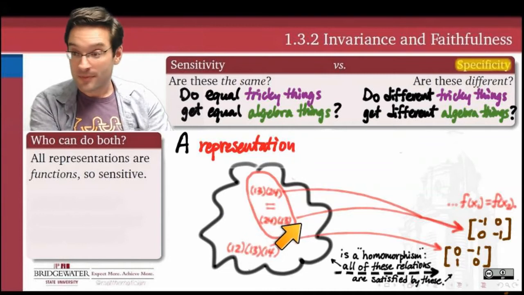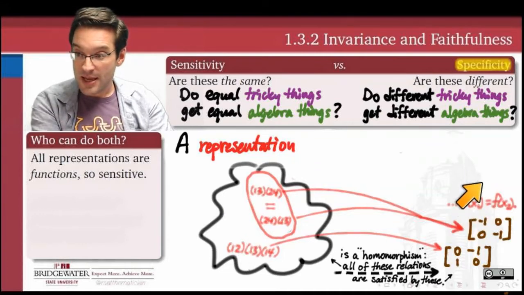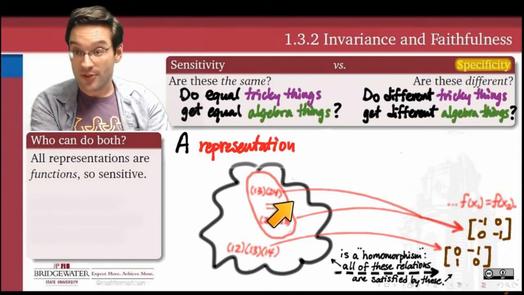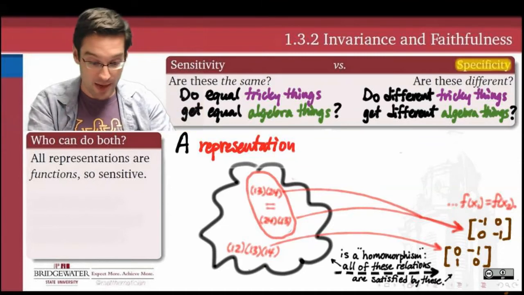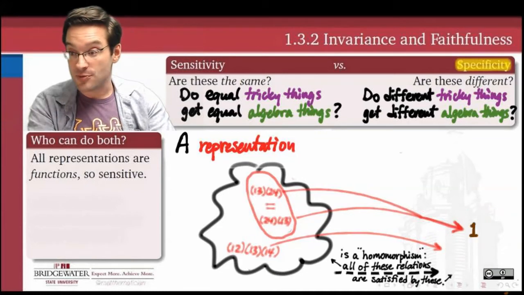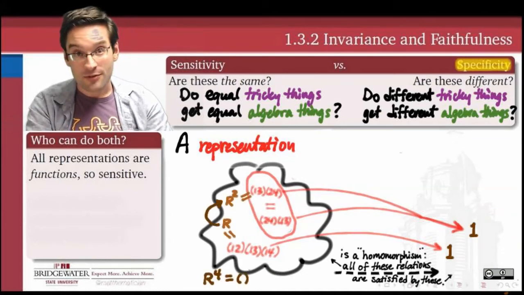And vice versa, if I find two same values over here in algebra land, do I know that they must have come from the same element back in the scary setting of groups or knots or tangles or whatever they came from? Do different tricky things necessarily get different simple algebra things? And the answer, unfortunately, is no.